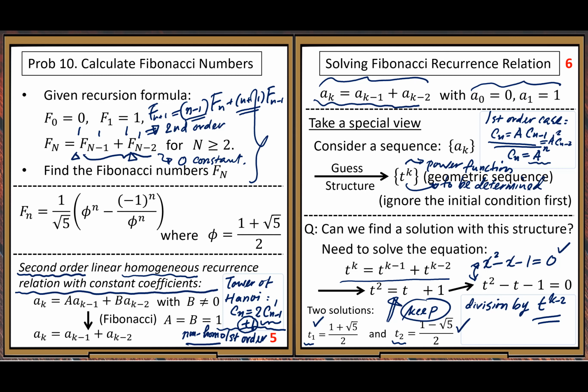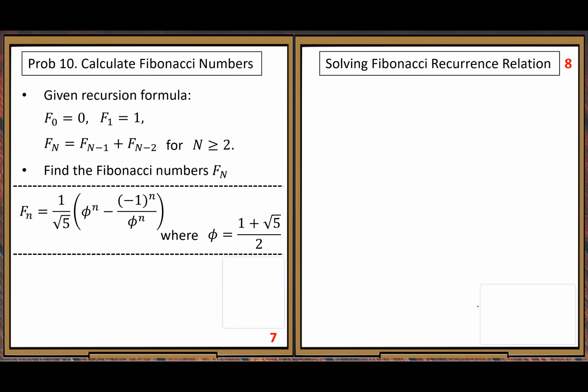The conclusion is that we find two different special solutions: one, t1 to the kth, and second, t2 to the kth. That's our first step.